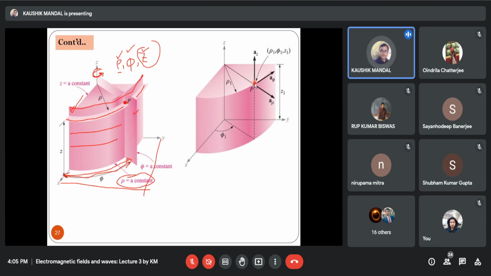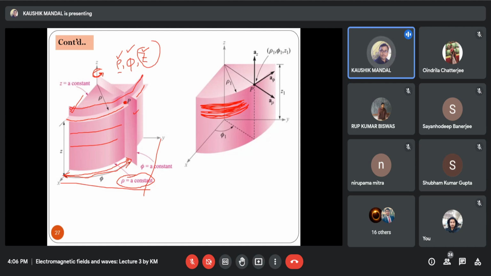So whatever planes we have mentioned, there are three different planes: one with Z constant, one with phi constant, another with rho constant. For rho, this curved surface is the plane corresponding to rho.